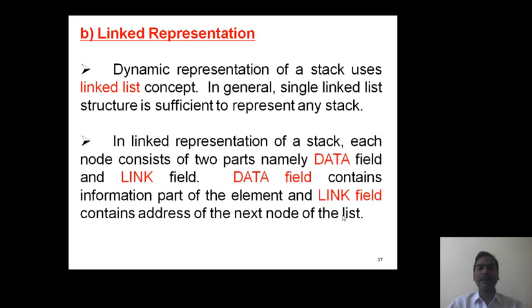So in this format, elements are represented as nodes in which every node is divided into two parts: data part and link part. Here, data part stores information part of the element and link part stores address of the next element.